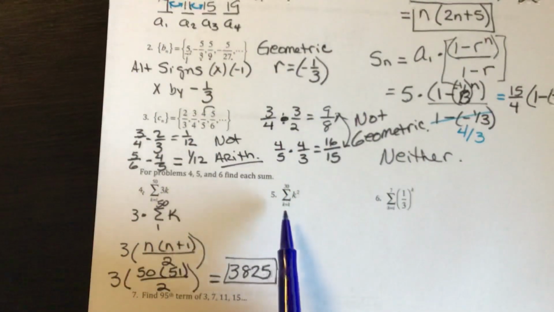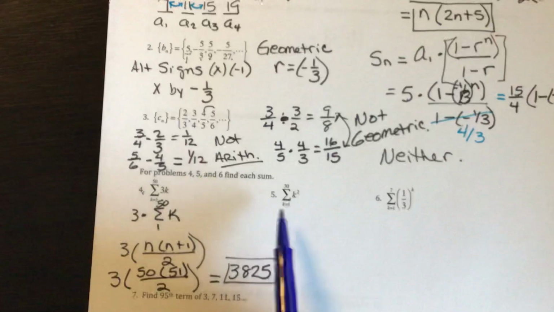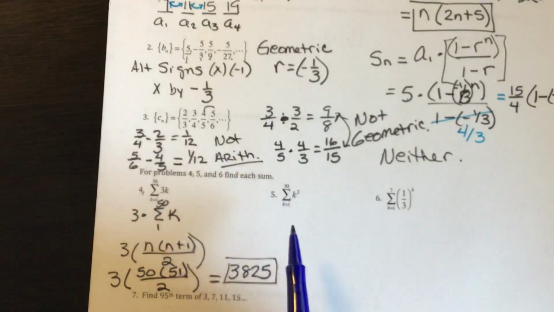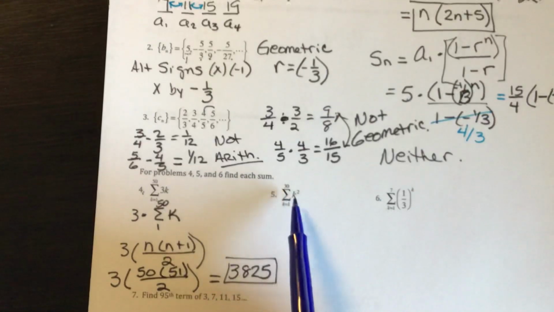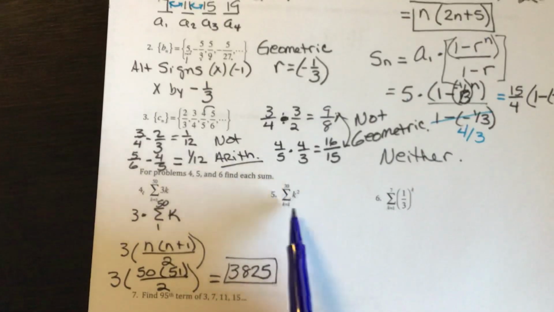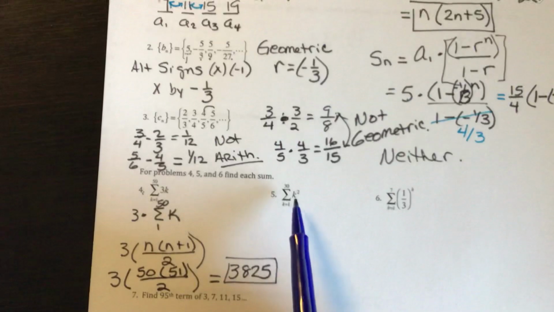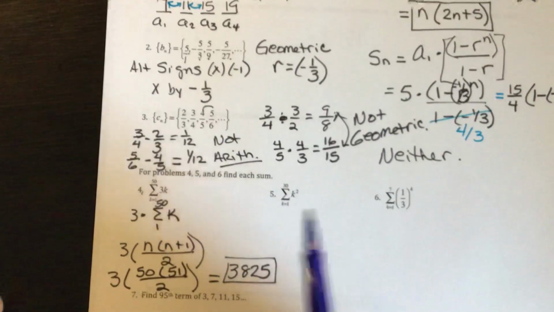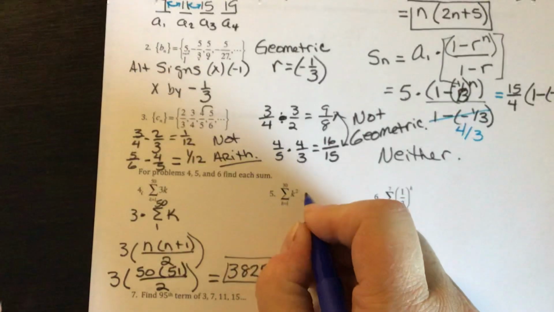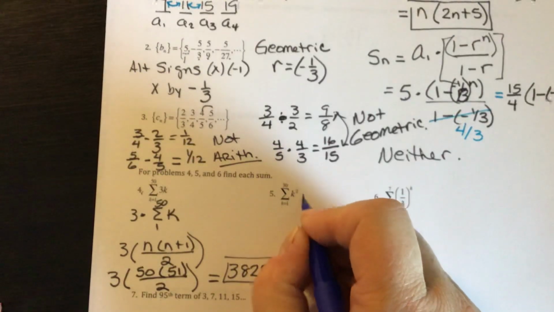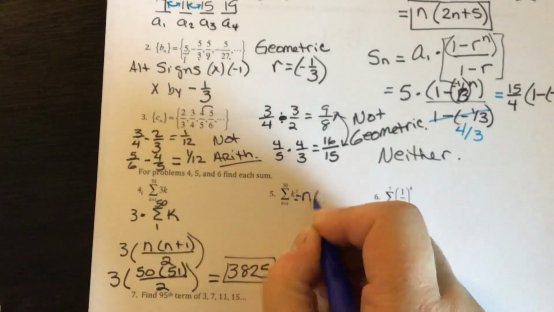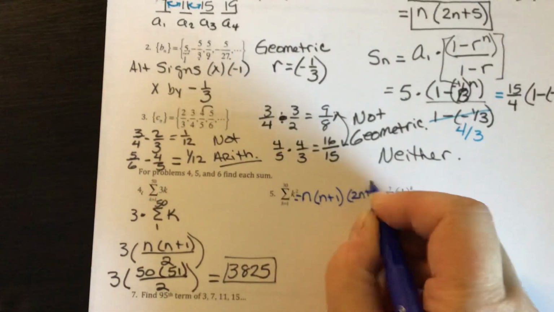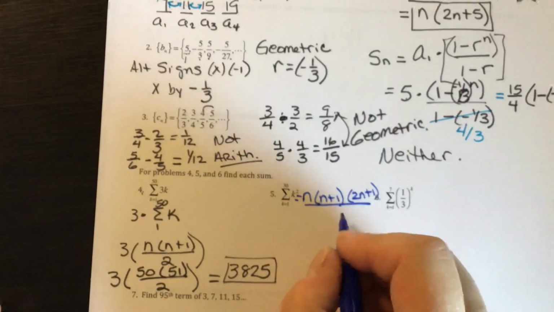This time I have a summation of k squared from 1 to 30. So this is a square, and if I look back at my formula, if my rule is squared, I'm going to have a formula which is n times n plus 1 times 2n plus 1, all of that over 6.